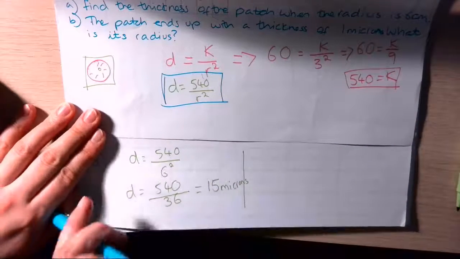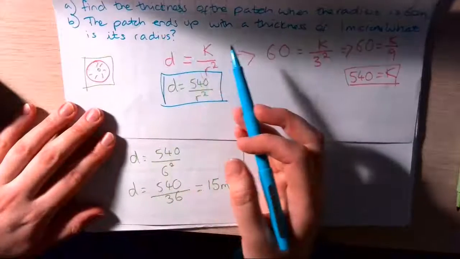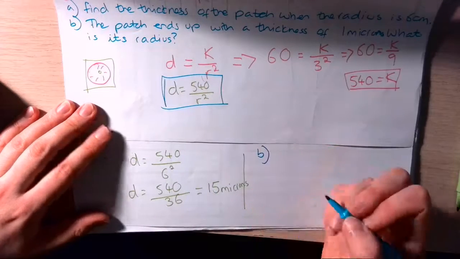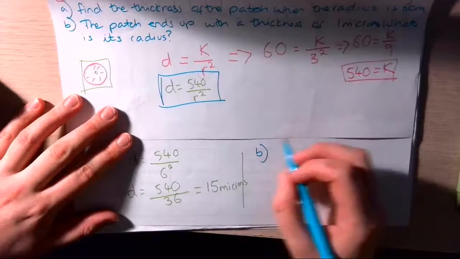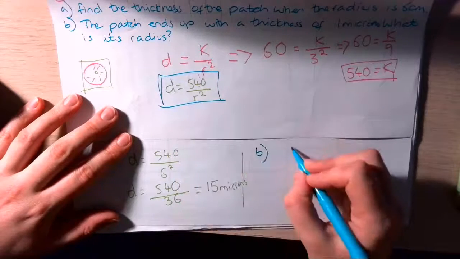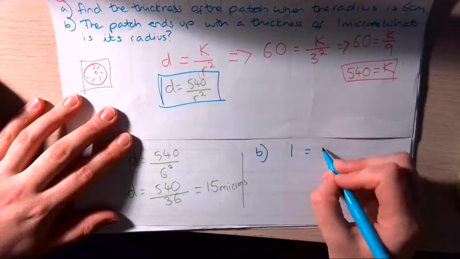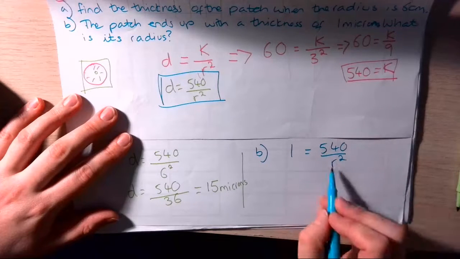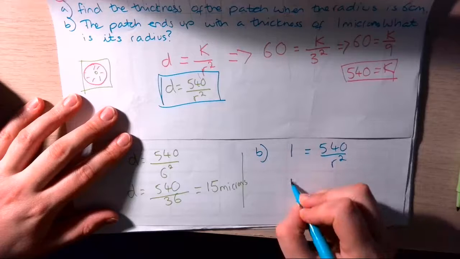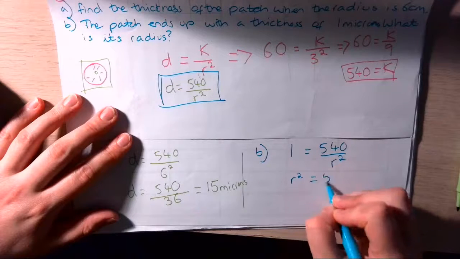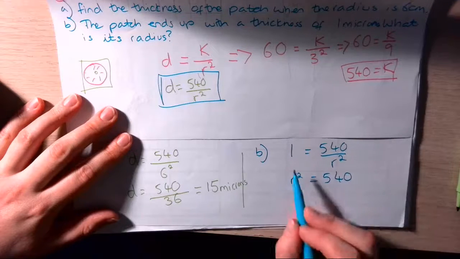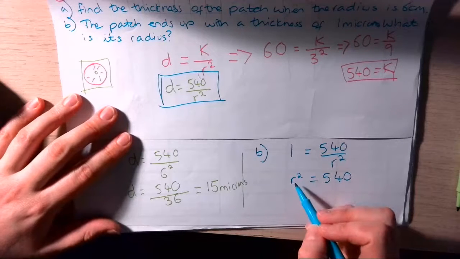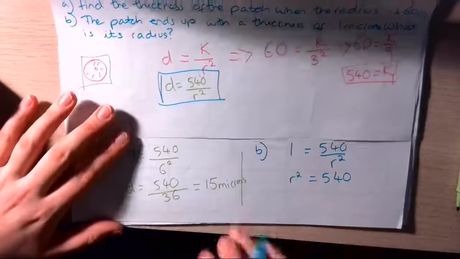Then we've got here the final patch ends up with a thickness of 1 micron, and we want to know what its radius is at this point. So we go back to this again, and we've got a 1 instead of d, because that's the thickness, equals 540 over r squared. I'm going to bring up the r squared, and of course 1 multiplied by r squared is just r squared, we don't need to write the 1 in, it's a bit redundant.